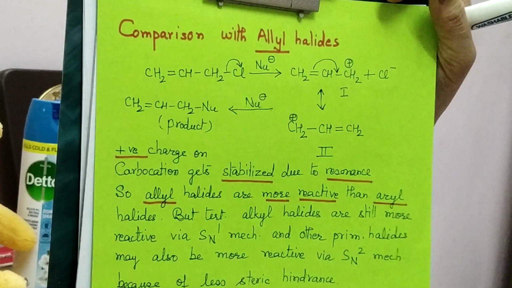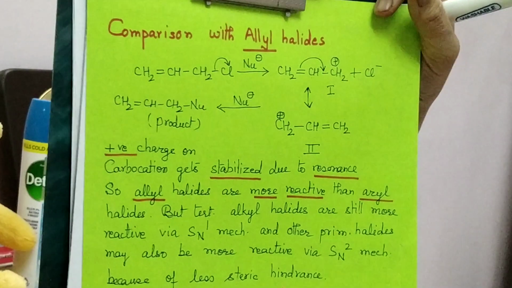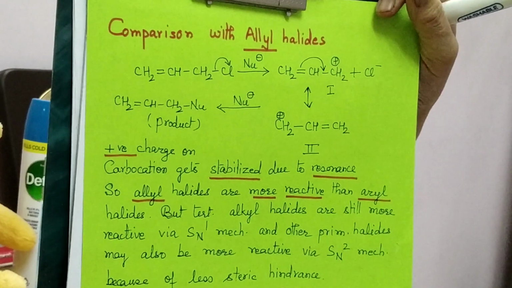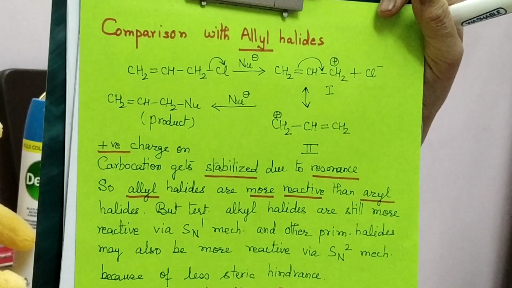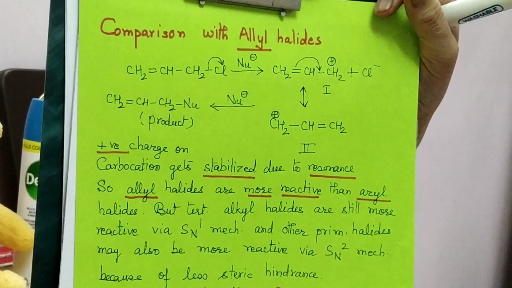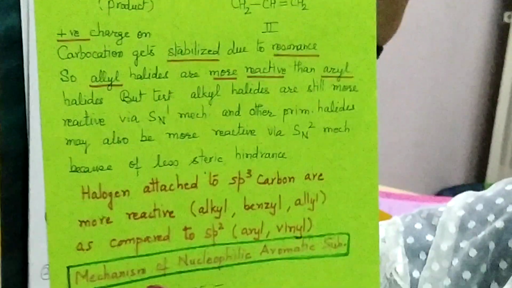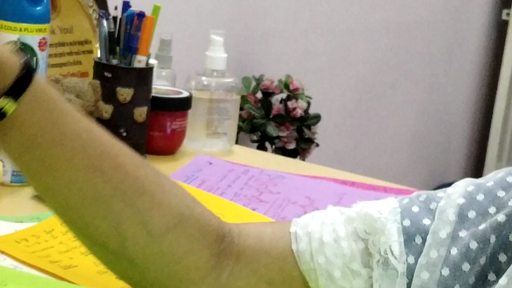Now you clearly understand the reason for all of this, and in the next video we will be talking about the mechanism of nucleophilic aromatic substitution in the case of aryl halides, and the two kinds of mechanisms, addition-elimination and elimination-addition mechanisms, which I'll be revising in the next video.